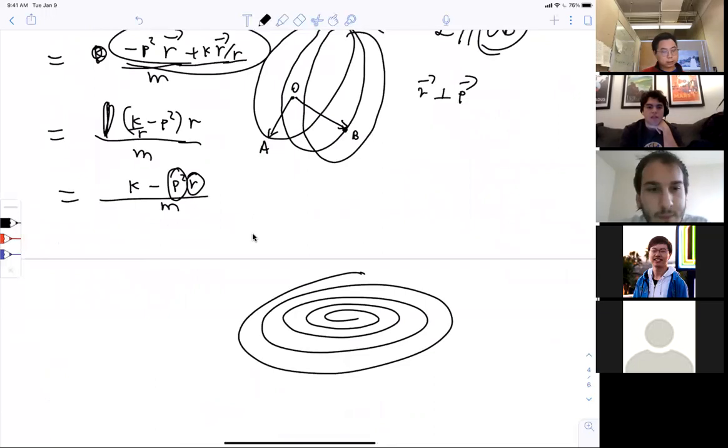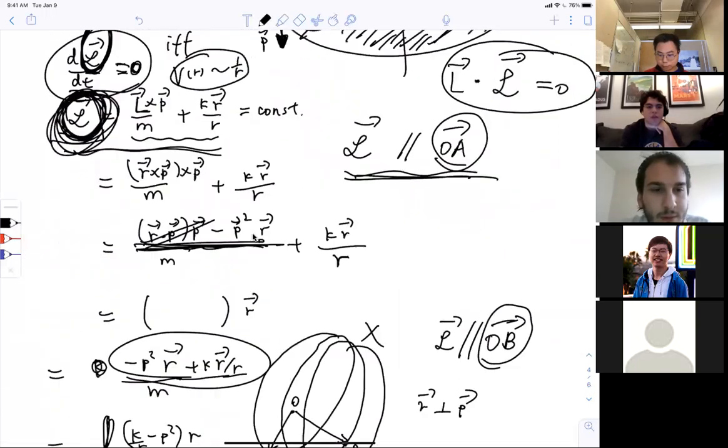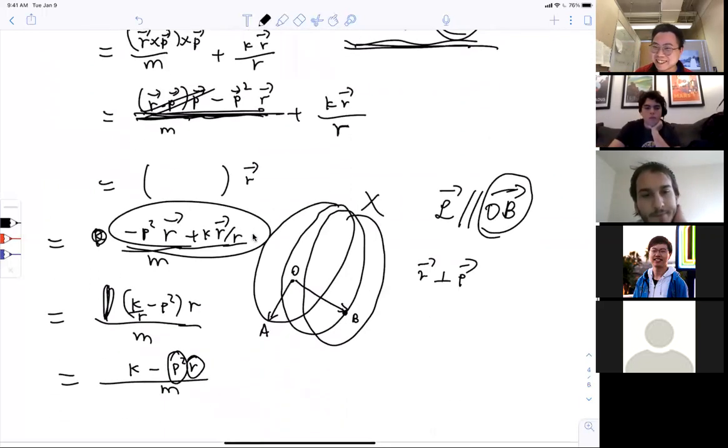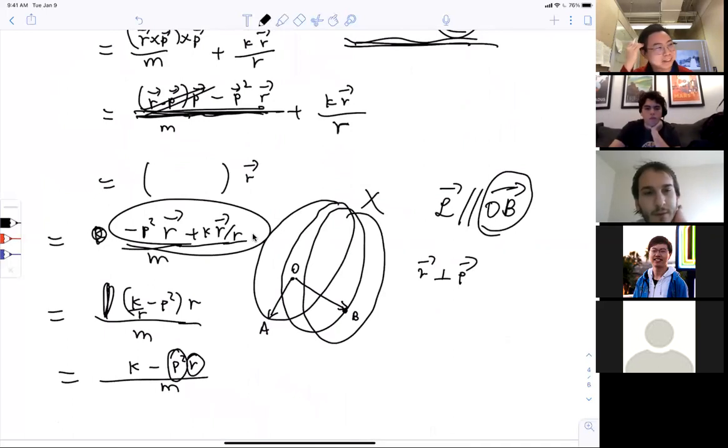I see. So is there significance in the quantum case to that effect? That's a good question. I don't know. The short answer is I don't know. But that's a good question to ask.